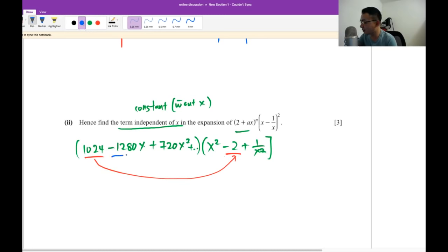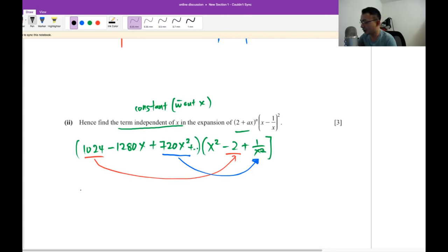And then this one, x to the power of 1, no, there's no way I can get it. The x squared here, I will multiply by the 1 over x squared, because these two terms will give me a constant. Because for x to the power of 1, no matter which term I multiply, I will not get a constant. So the middle one cannot be used.